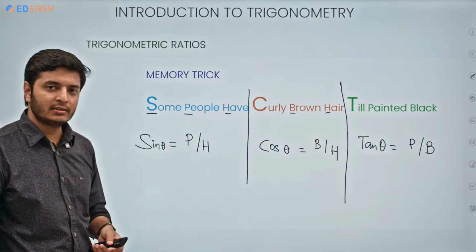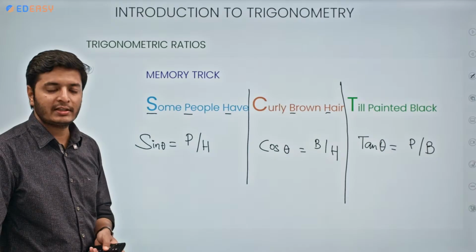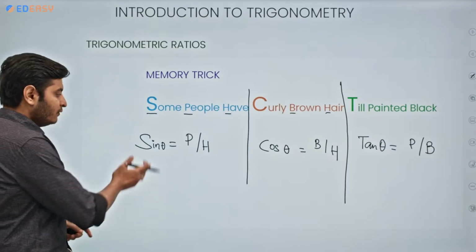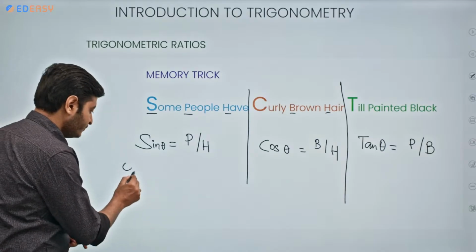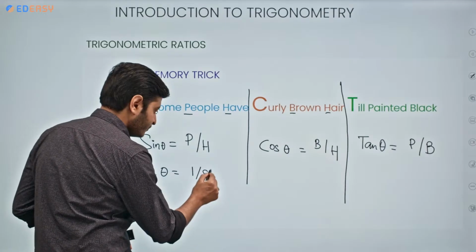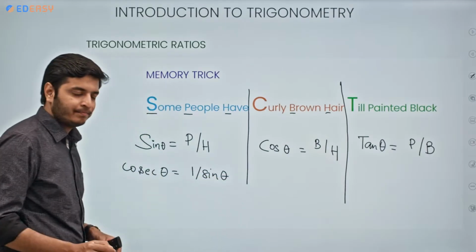What about the other three? The three that we are left with. We know that cosecant theta is 1 by sine, correct? Easy.